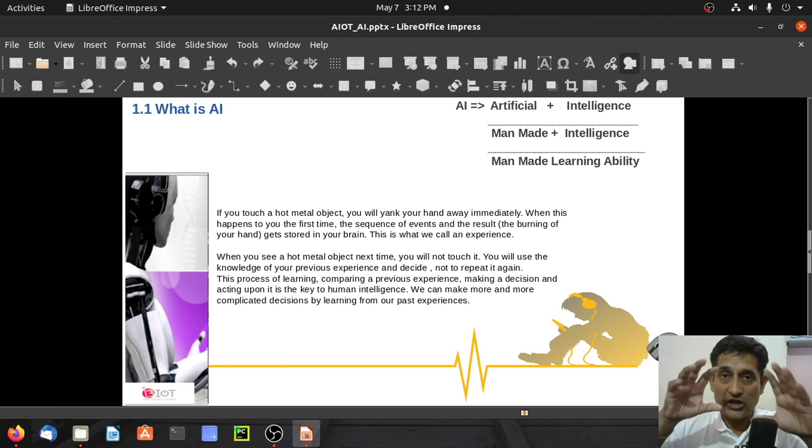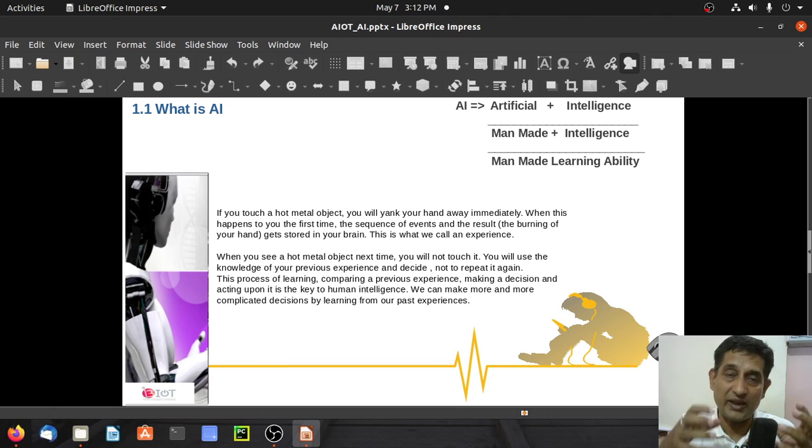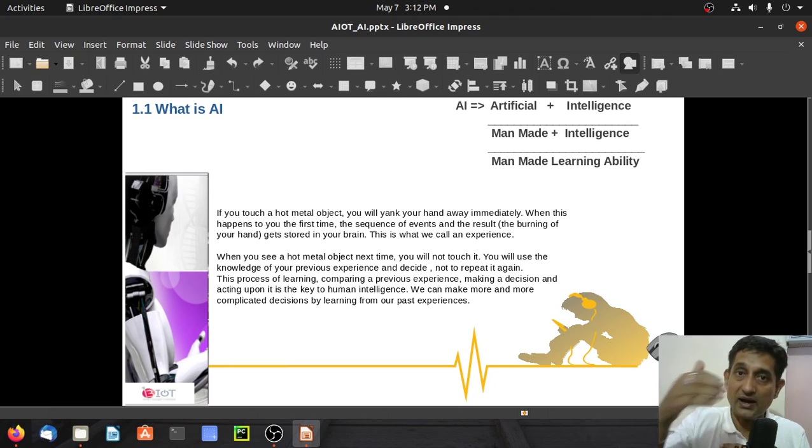Now, in some technical way, we are trying to develop software and algorithms which will help the machine to experience similar things, a capability that up until now was limited to humans.